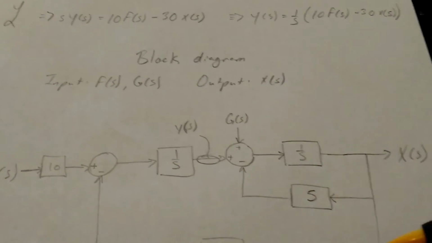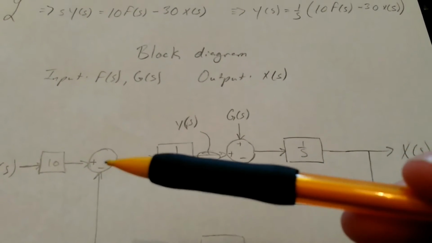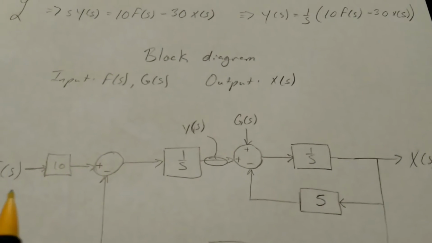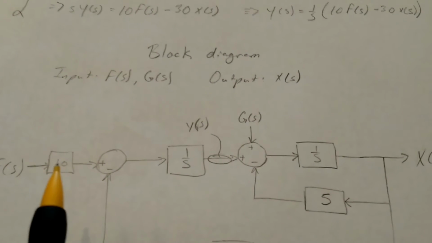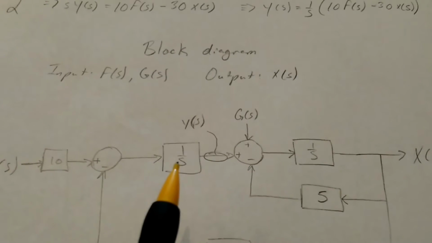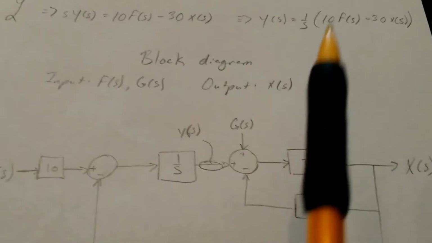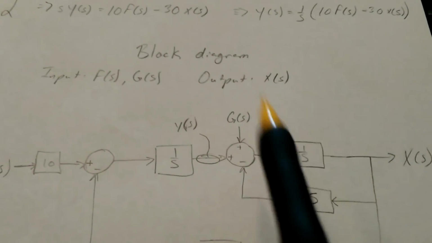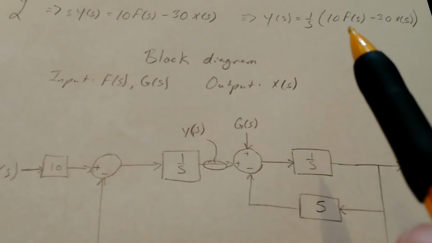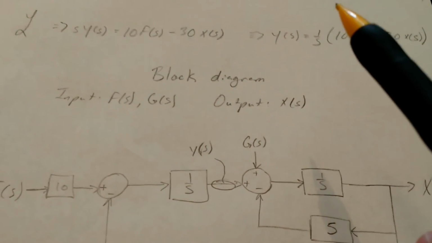And so branching off of that, you get the 30, you use this summer with this f of s input times the 10, and when you use this integrator, your y of s will actually be right here, and that will be this expression. If you follow along, you have the negative 30 and the positive 10 f of s. So that's going to be your y of s.